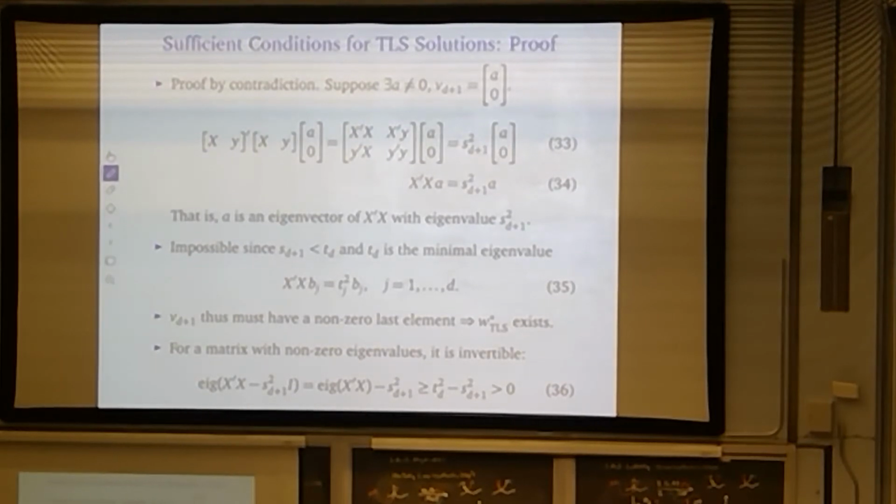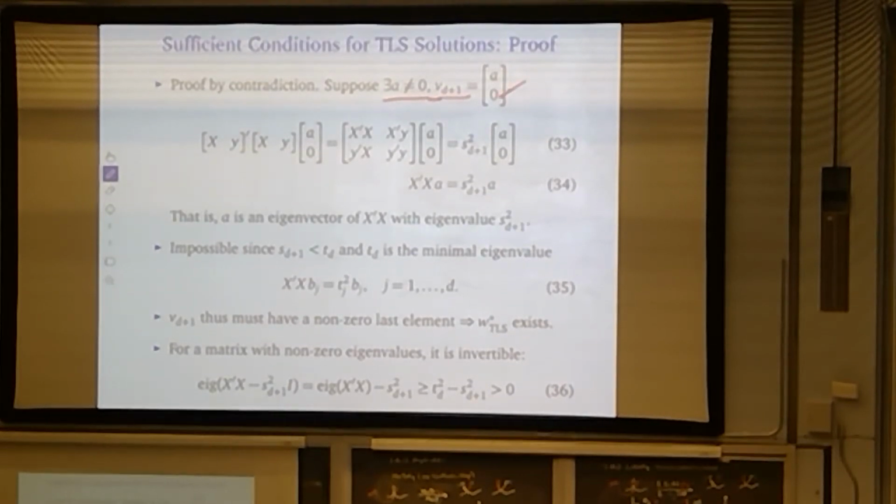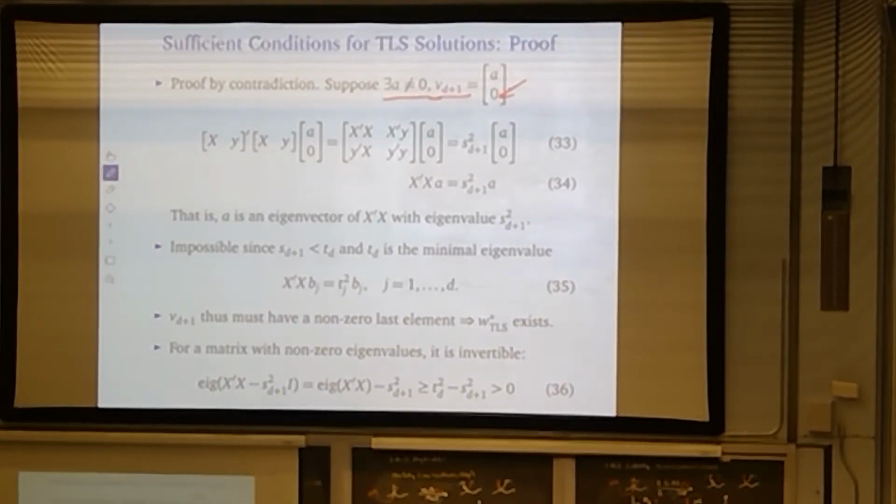The proof for the existence, we go by proof by contradiction. Suppose there is A which is not all zero, okay? Suppose that the last element is actually zero, okay? And this is not all zero. It's a very general condition.